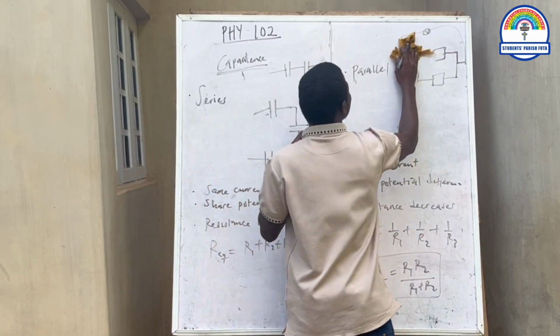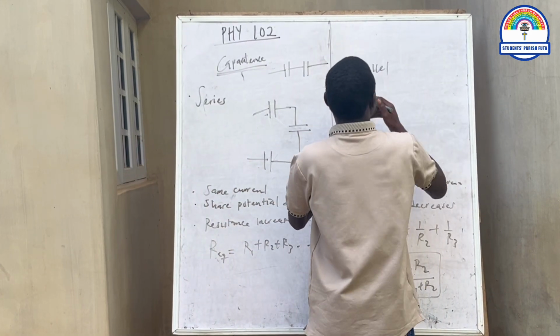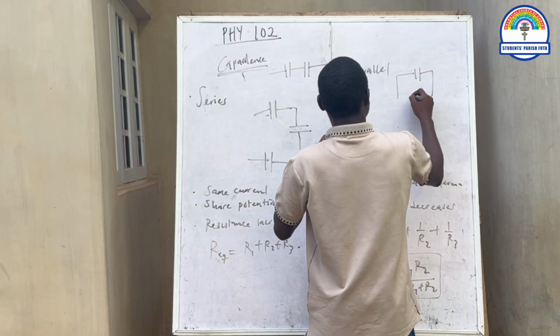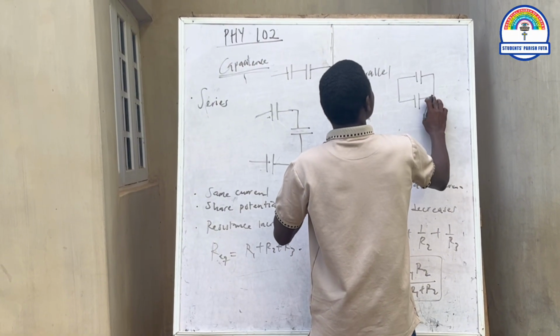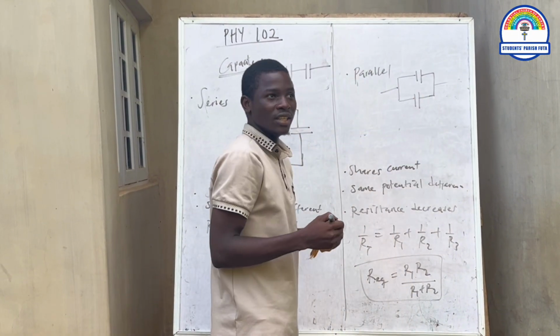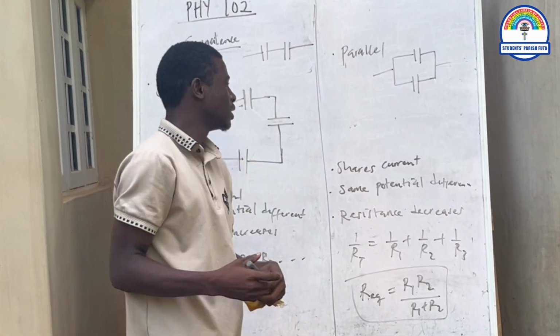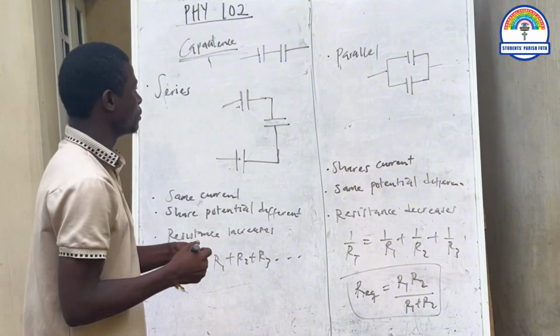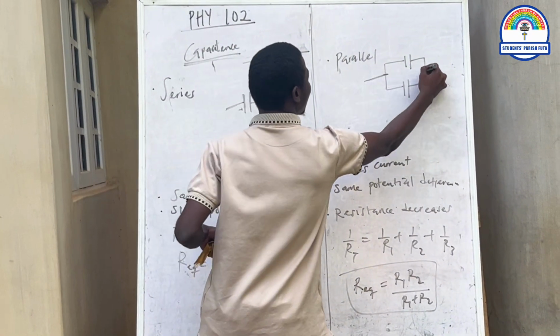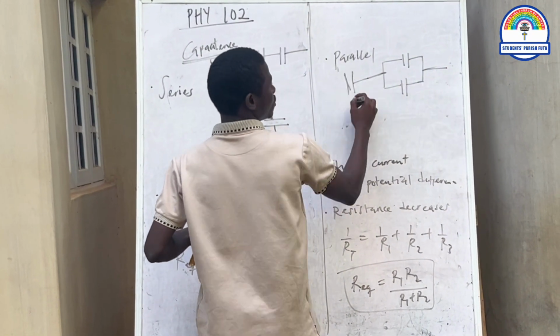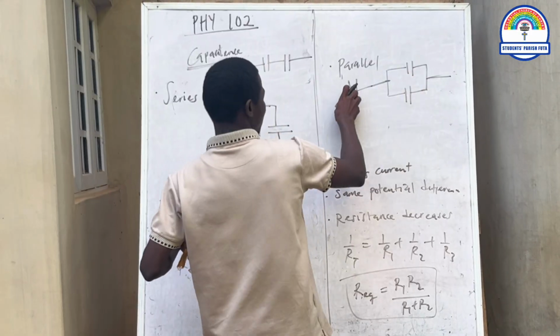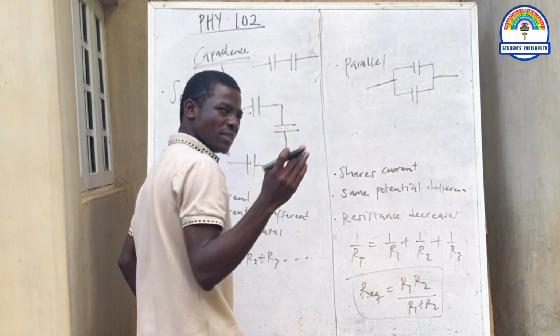And for parallel, it's those. Aside from series and parallel combination, you can have a combination of series and parallel together, but there are still series and parallel. You just bring them together. For instance, after this parallel, I put a series here. It means I have to get the equivalent of this first, then add it to this. It's just like secondary school.